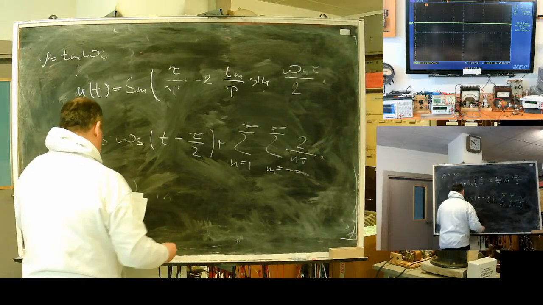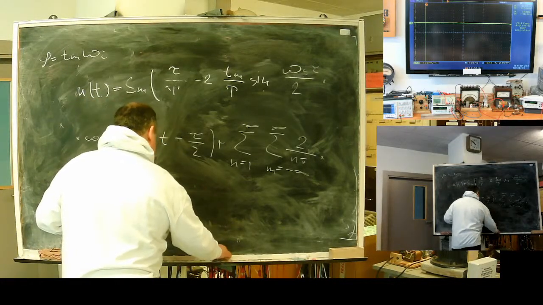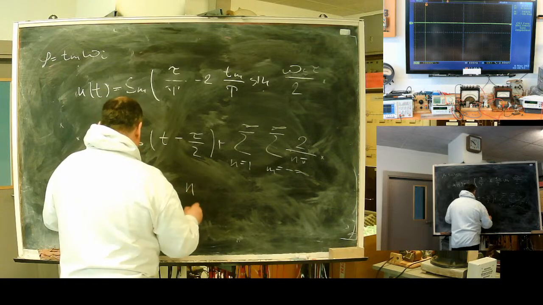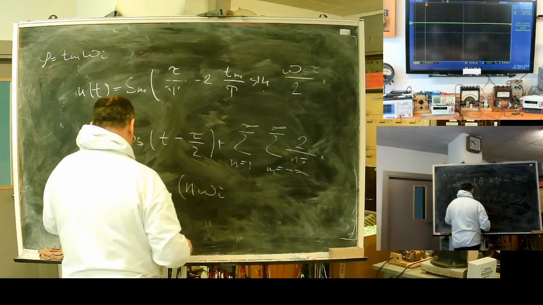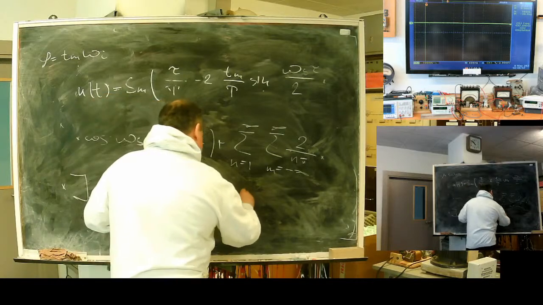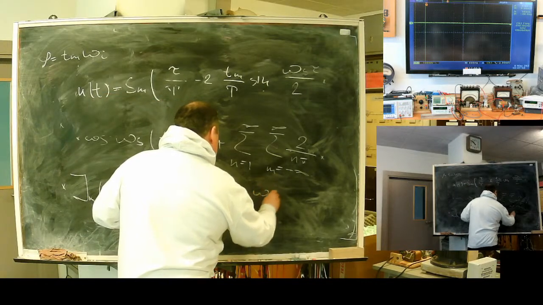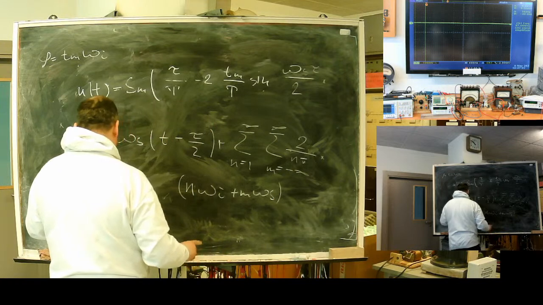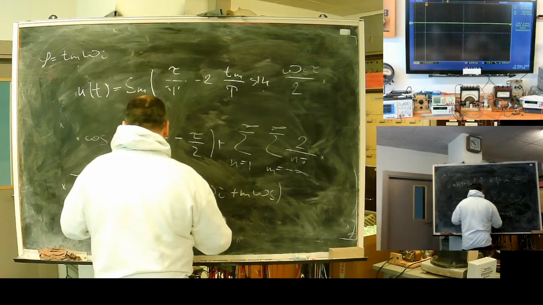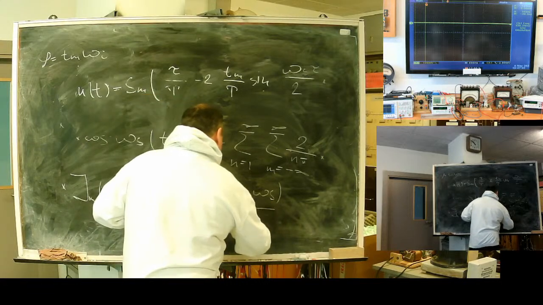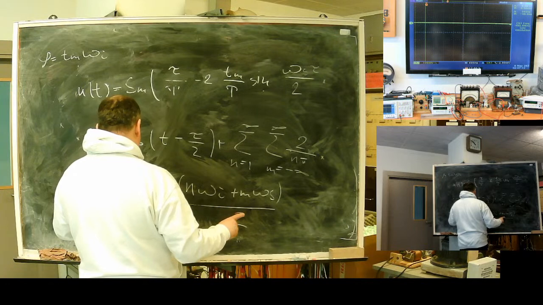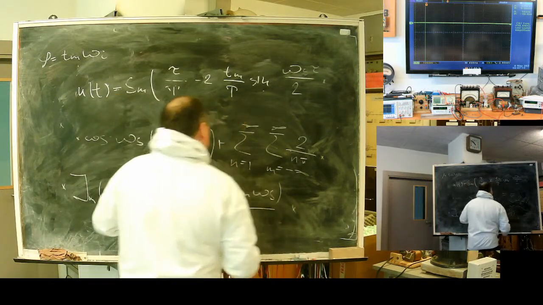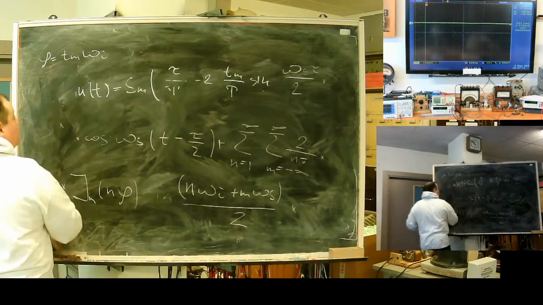Sine of n omega I plus m omega signal, divided by half, and this also should be multiplied. I will continue here.